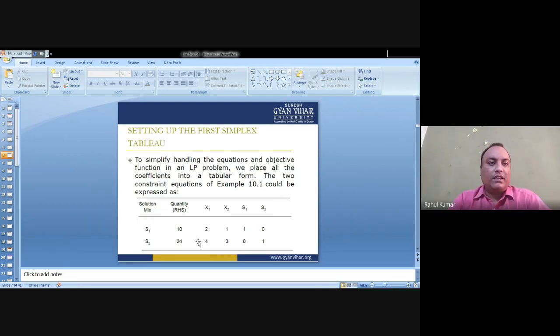The two constraint equations for example 10.1 could be expressed like this: the variables S1 and S2, the quantity on the right hand side, 10 and 24, and the values of X1, X2, S1, S2. These are 10, 2, 24, 4, 1, 1, 3, 0, and 0, 1. Right?